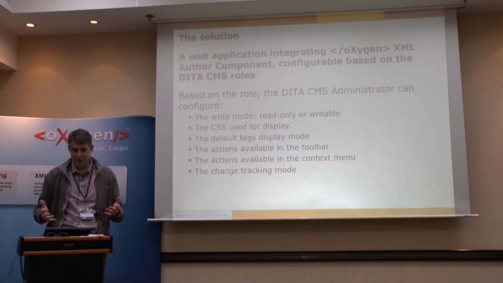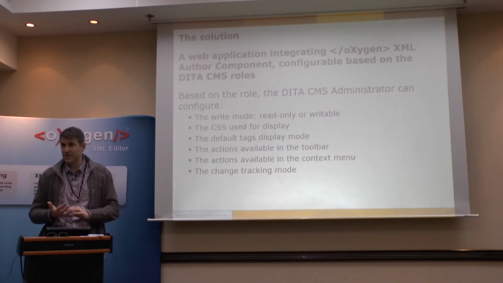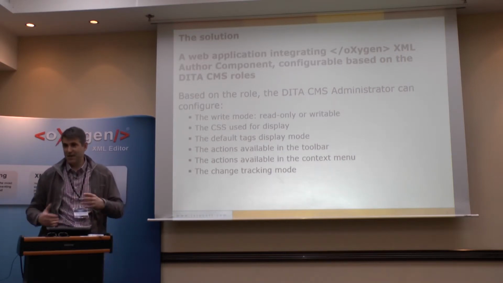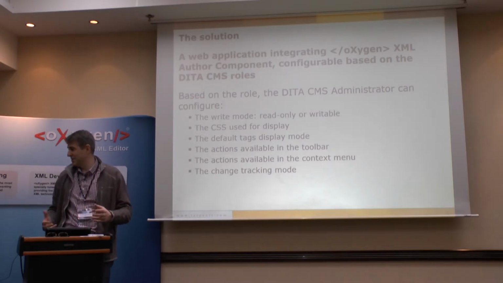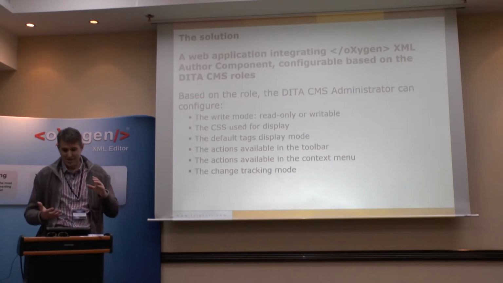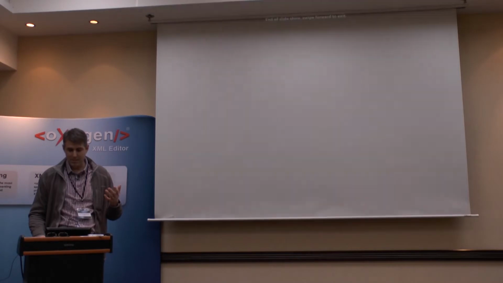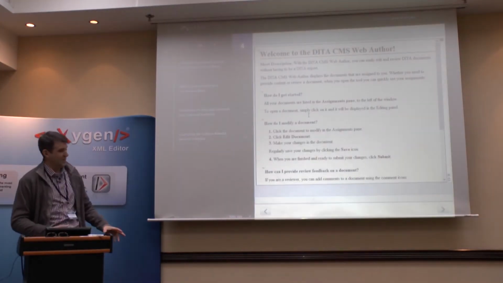We can change whether it's writable, we can change the actual CSS, and in the afternoon they're going to show us some marvelous tricks you can do with the CSS in oXygen. We can set some default view, we can change the actions that are available, all that based on the role.